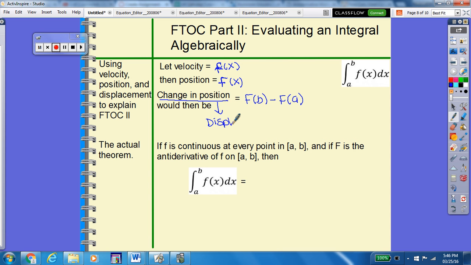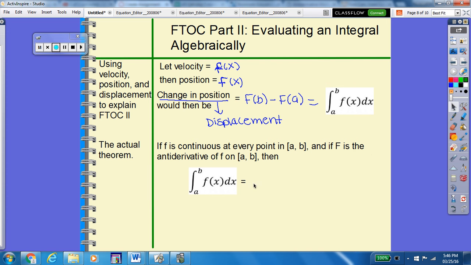I keep telling you that the integral of a function is not its distance, it's its displacement. And so this is a huge idea. What we're really saying is that our change in position is given by capital F of b, the antiderivative of the little function at b, minus the antiderivative at a, and that is equal to the integral from a to b of f of x dx.